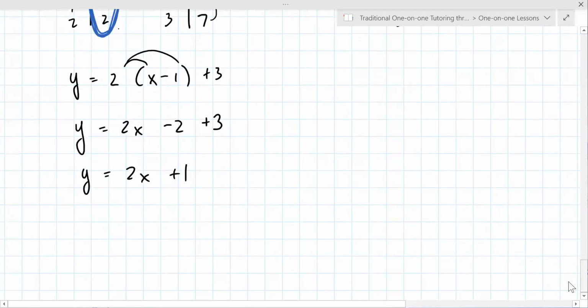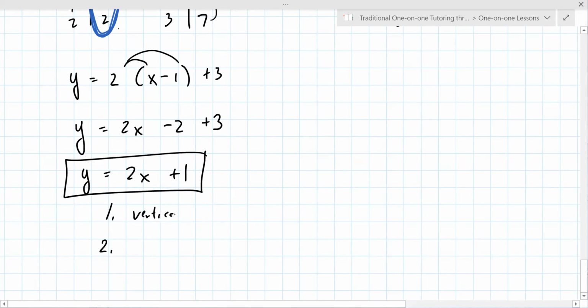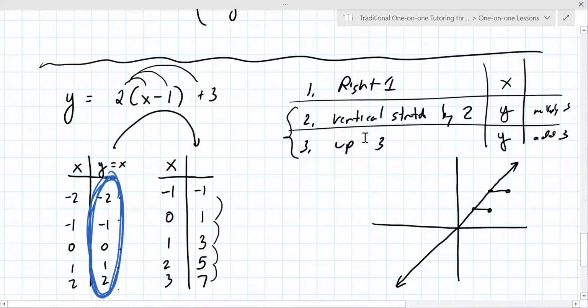Okay, there are now 2 transformations for this. There's a vertical stretch by 2, and then up 1. And this, because it's a line, what we just wrote is equivalent to these 3 here as well.